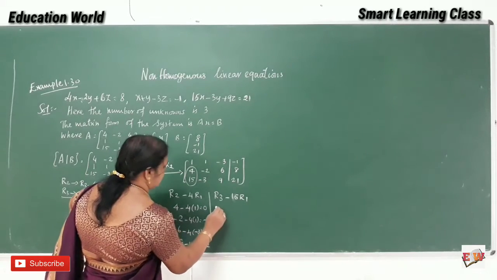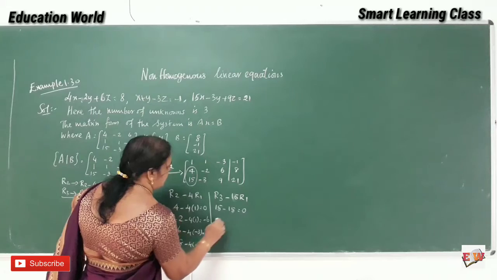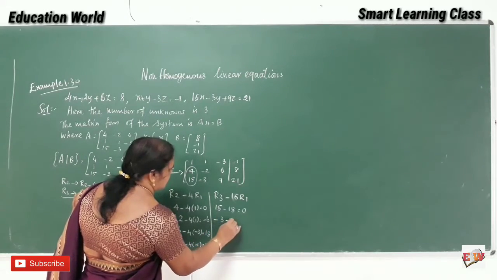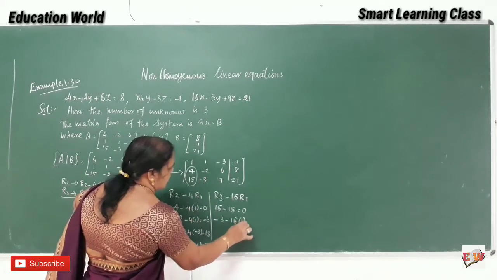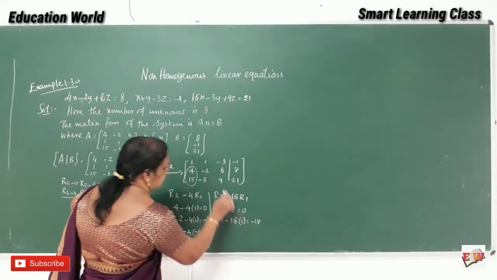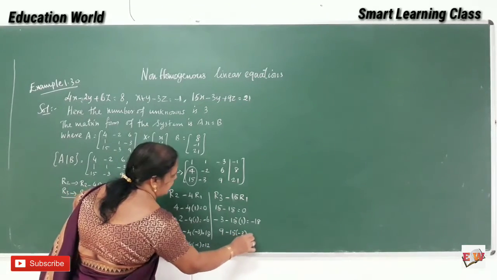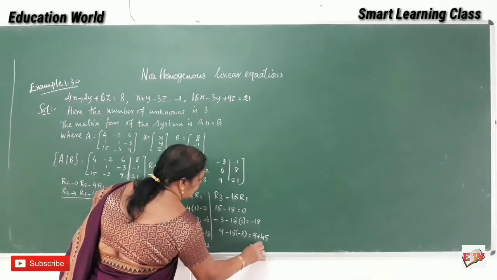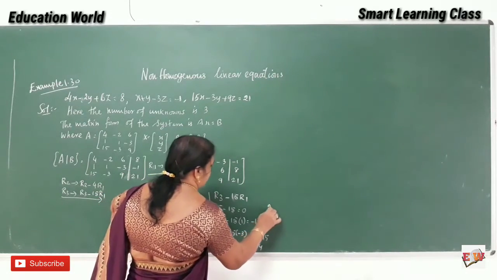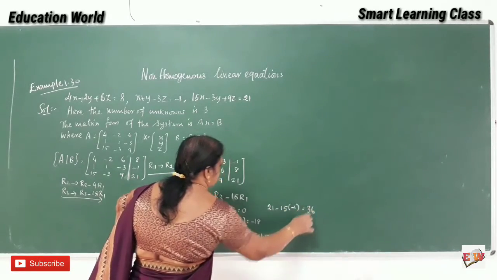Then R3: 15 minus 15 equal to 0, minus 3 minus 15 into 1 is minus 18, 9 minus 15 into minus 3 is 9 plus 45, 54, 21 minus 15 into minus 1 is 36.